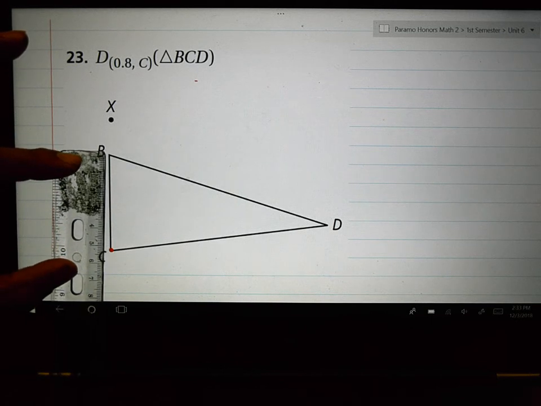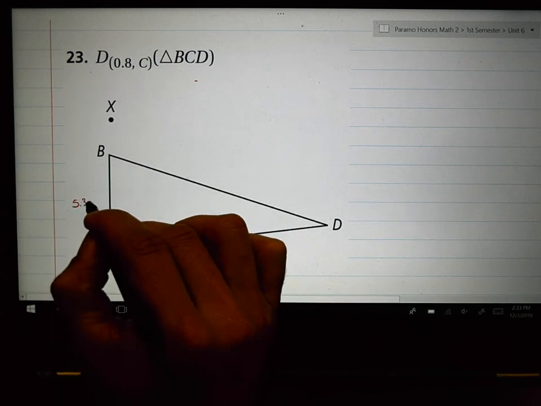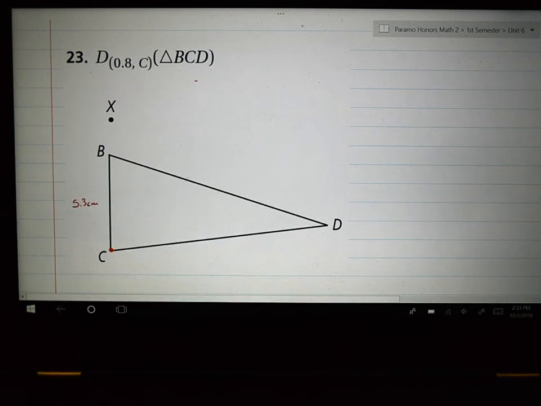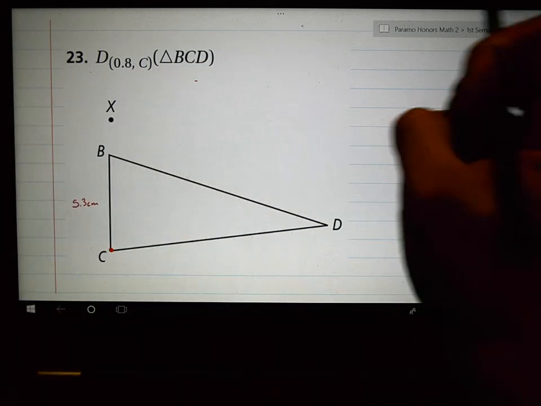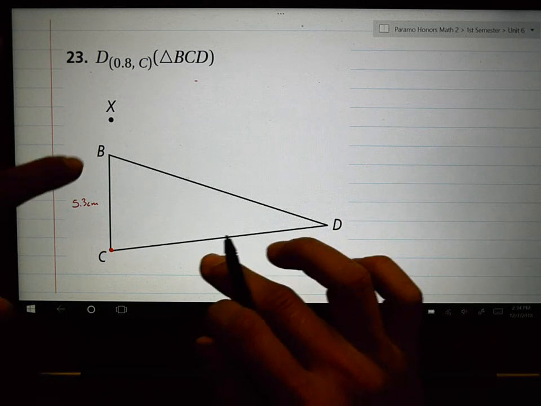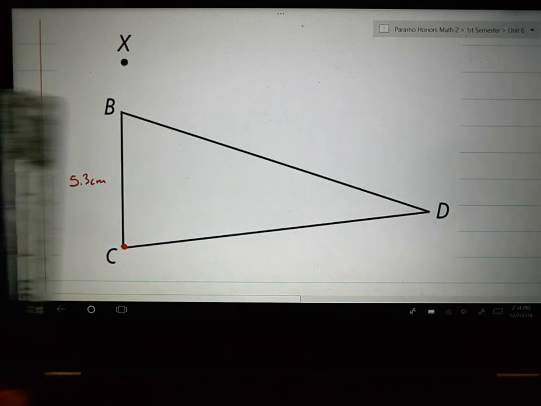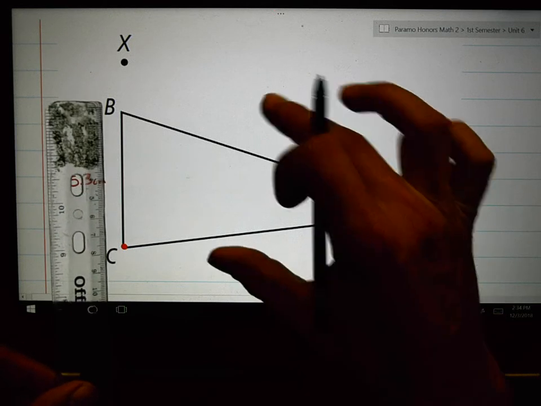And if you have a ruler and you measure this as 5.3 centimeters, and by the way, that's 5.3 centimeters because I've expanded mine. It's not going to be 5.3 centimeters on yours, but it doesn't really matter, to be honest with you. For example, if I went like this, when I measure it, it's totally bigger than the 5.3.